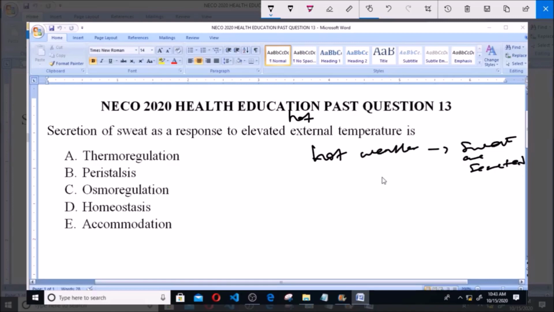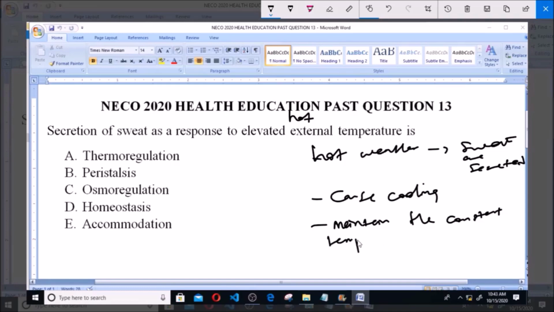Now, these sweats are actually secreted in order to cause cooling, because when we sweat, the sweat is evaporated from the body, and like we know, evaporation causes cooling. This is done in order to maintain the constant temperature of the body.